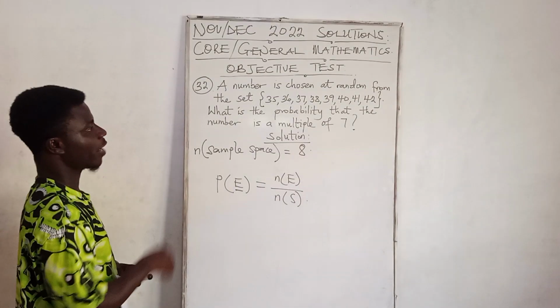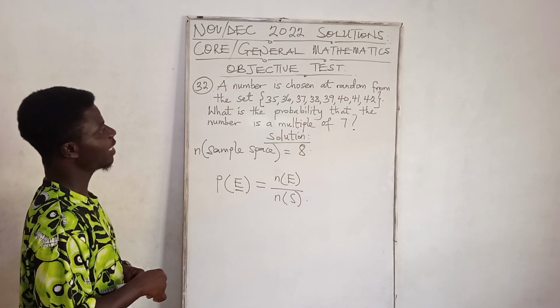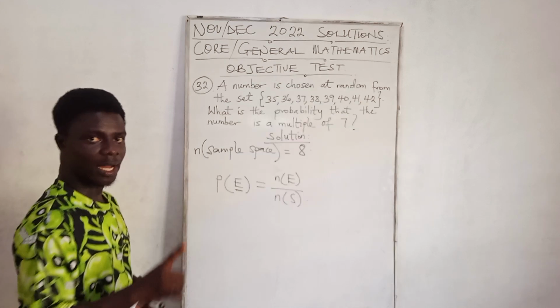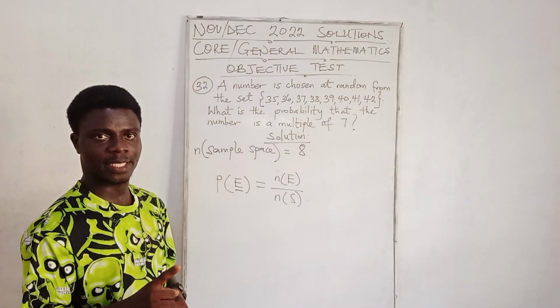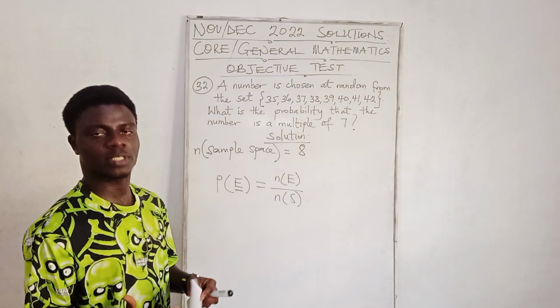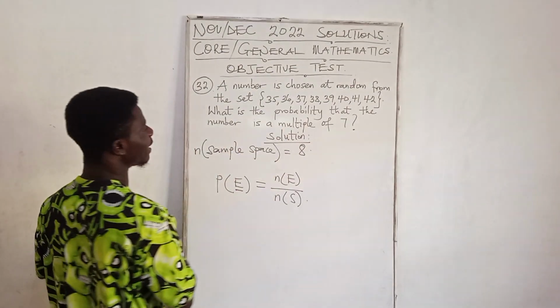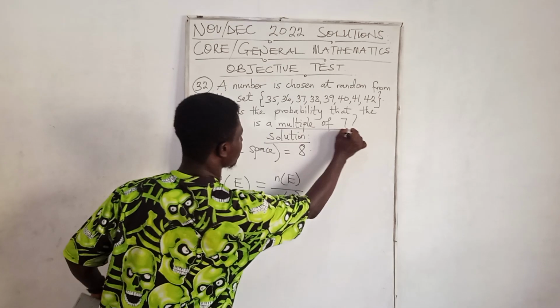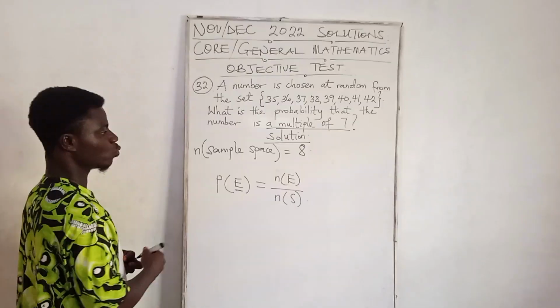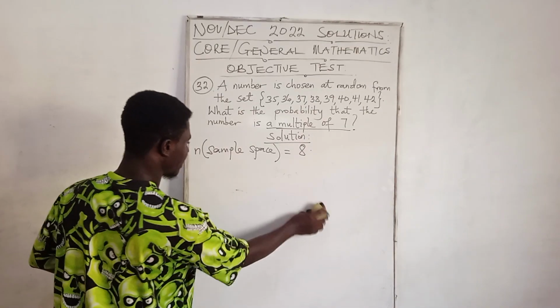So what are we interested in? Now, remember, the event is a subset of the possible outcomes, or the sample space. So what is the probability that the number is a multiple of 7? A multiple of 7 is what we are interested in.